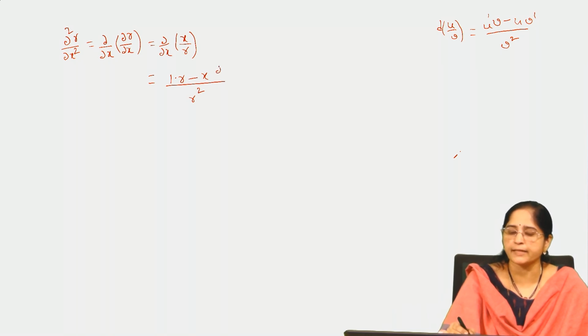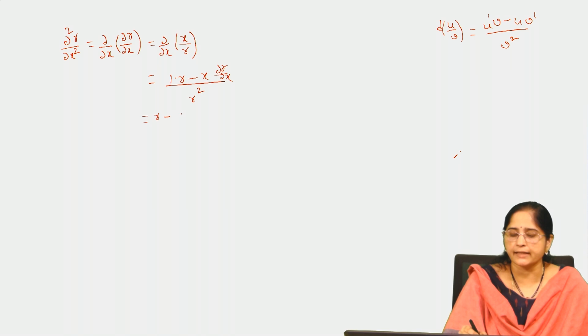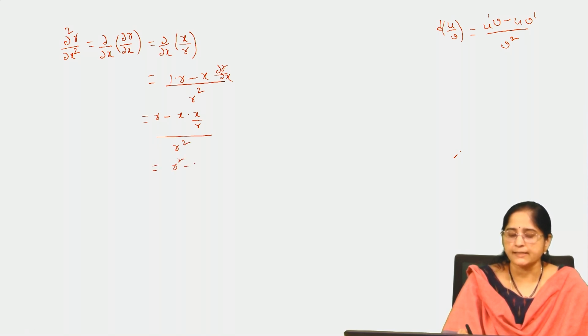Derivative of r with respect to x is dou r by dou x. So, this is equal to r minus, in place of dou r by dou x, we can write x by r, x into x by r, whole square. So, this is equal to r square minus x square by r cube.